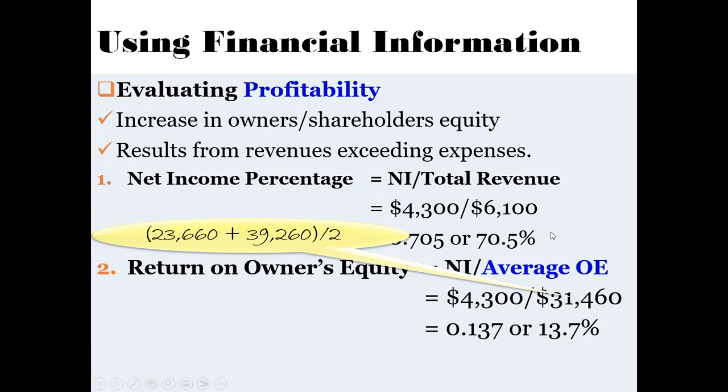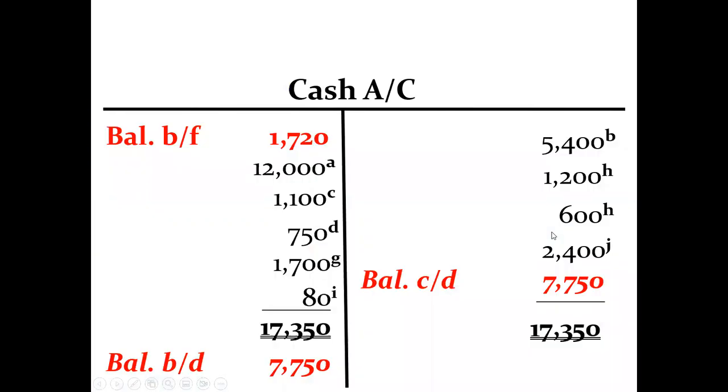So if we go back to our cash account, and those who have done accounts before, all the statement of cash flow is supposed to speak to us about is what caused cash to change. Remember, at the beginning cash was 1,720, and at the end cash is 7,750.